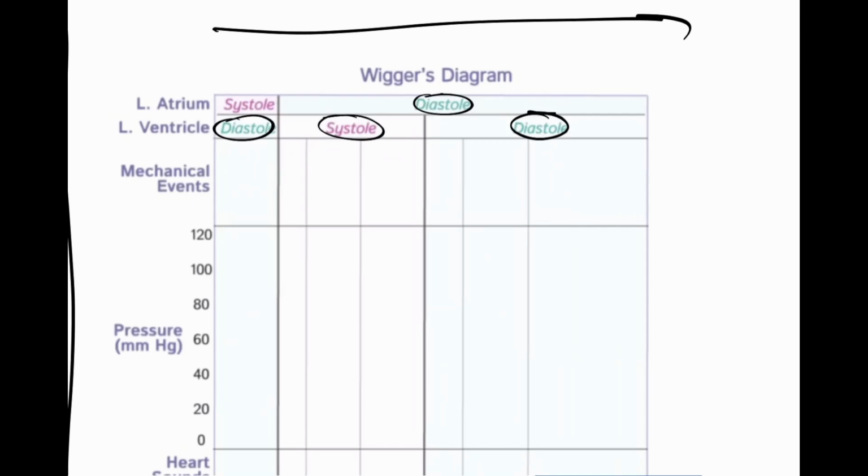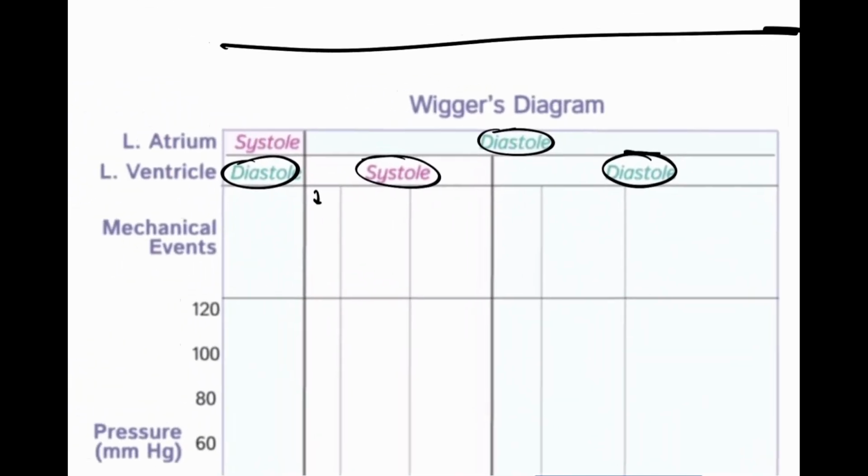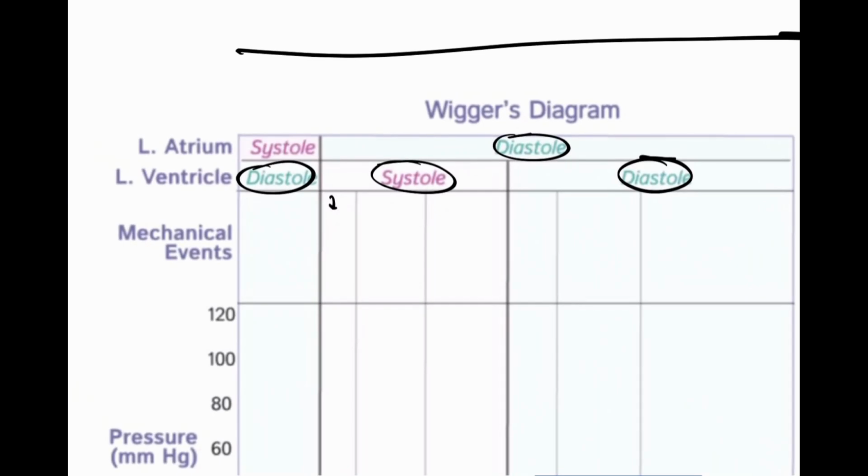Okay. So, mechanical events. What is going on in this section right there? I'll blow it up even more. We have the first part of systole. What is the first part of systole for the ventricles? What is it doing? The first part.